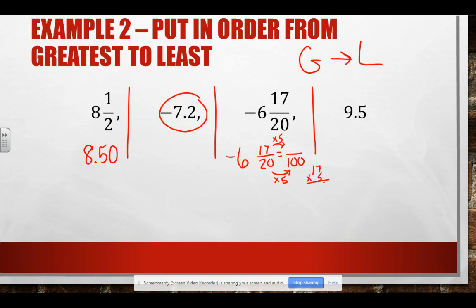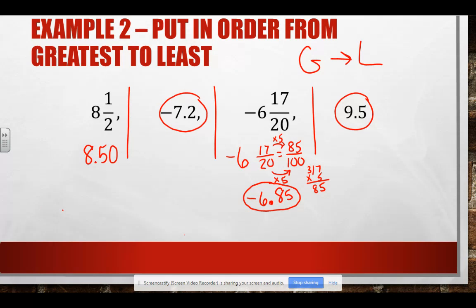I'm over here in scratch world trying to multiply this out. 7 times 5 is 35. 5 times 1 is 5. 6, 7, 8. That gives me 85 hundredths. So I have negative 6 and 85 hundredths. That now is converted to a decimal. And 9.5 is already a decimal.